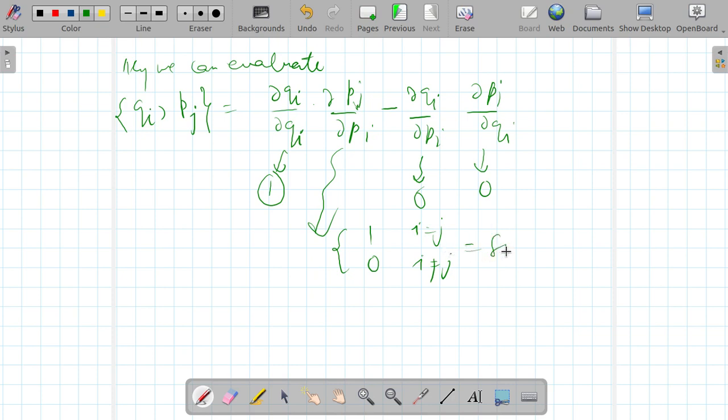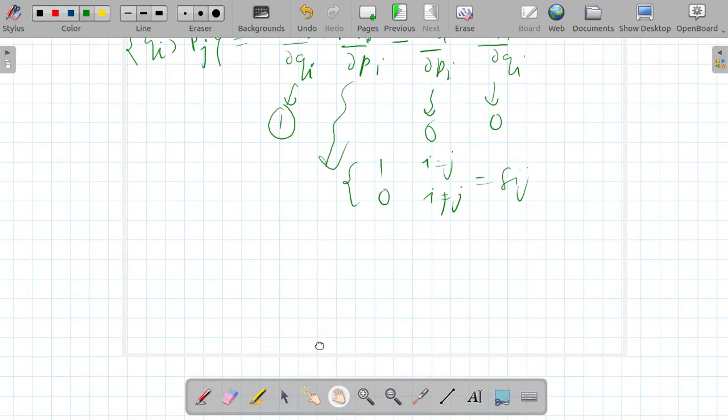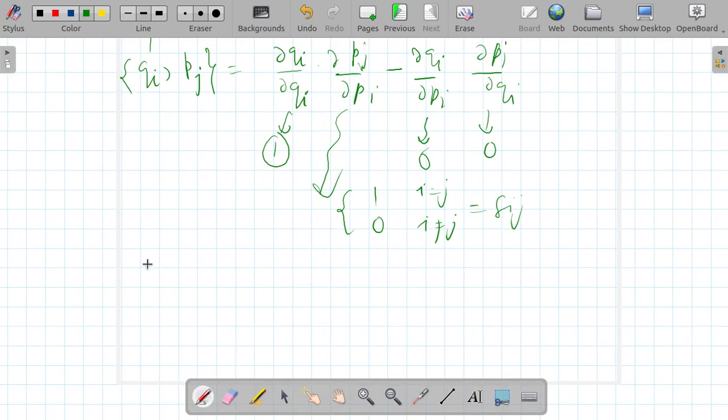So it's like a delta function. That means the Poisson bracket of Qi and Pj is equal to delta ij, right?